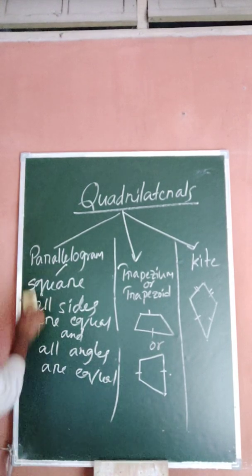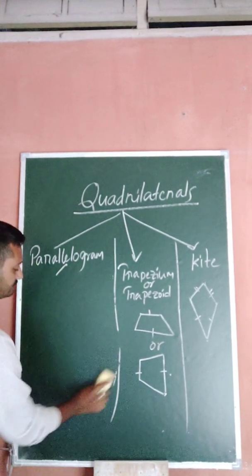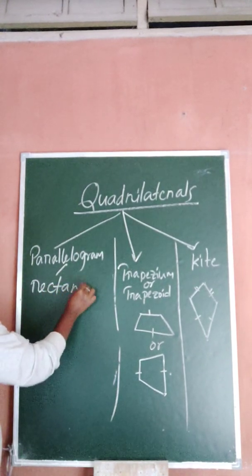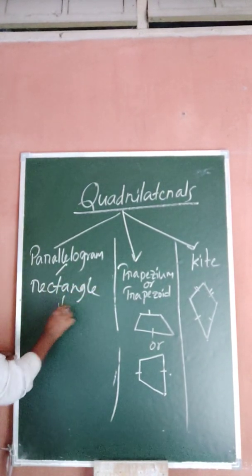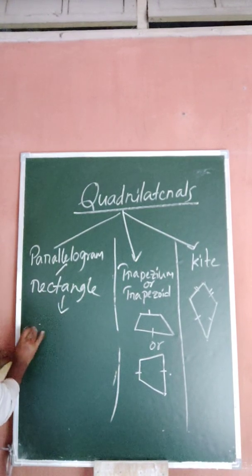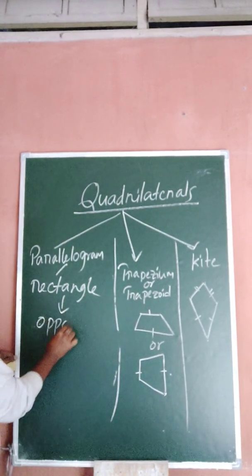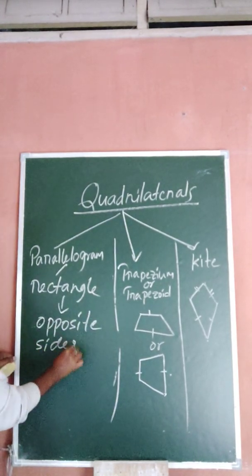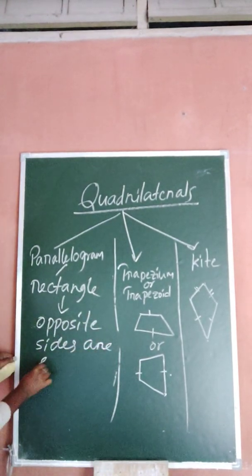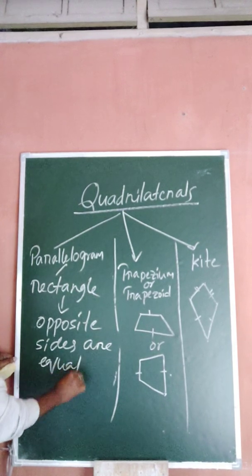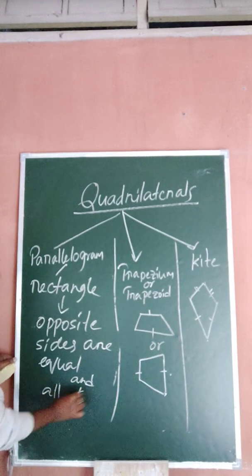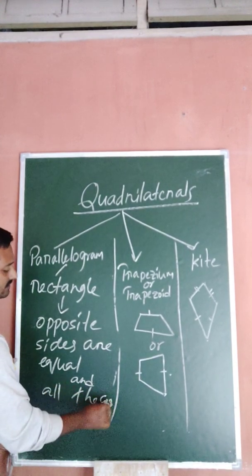Suppose rectangle. Again, same: opposite sides are equal, and all the angles are equal.